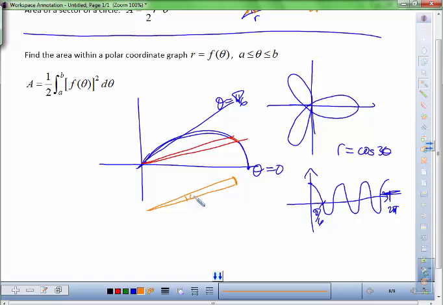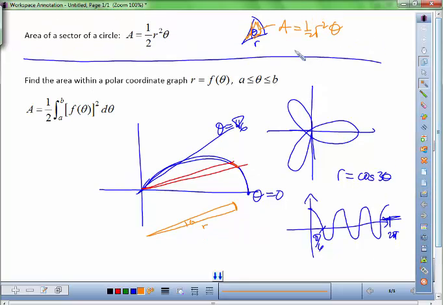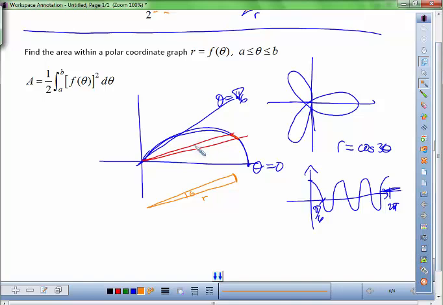We have an angle and a radius. Our angle here will represent our change in theta, and our radius, depending on what theta is, is really dependent on the function f of theta.